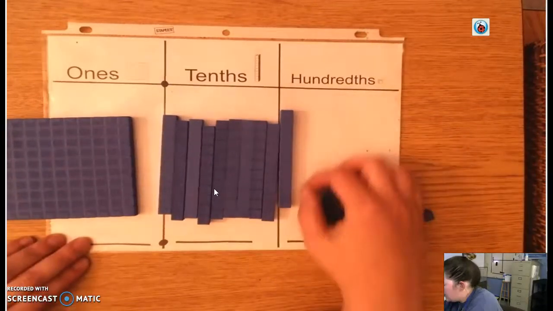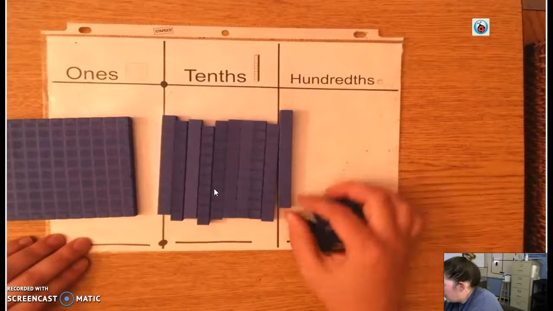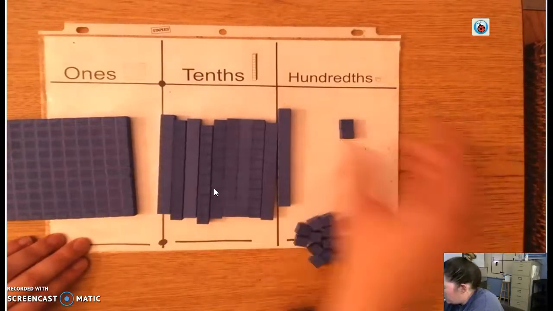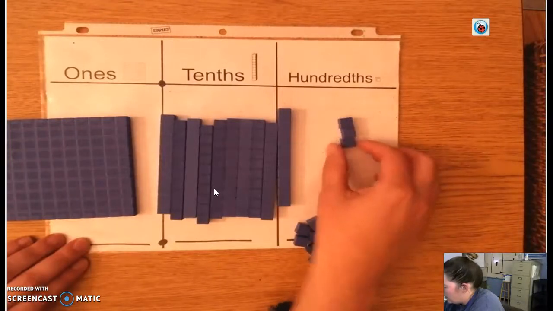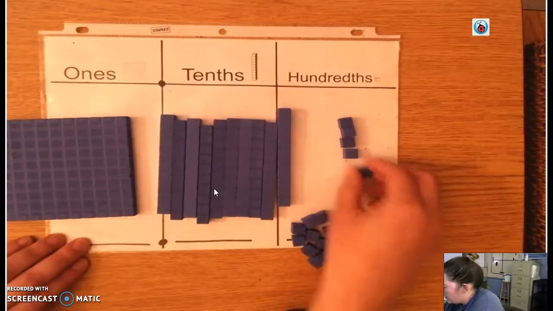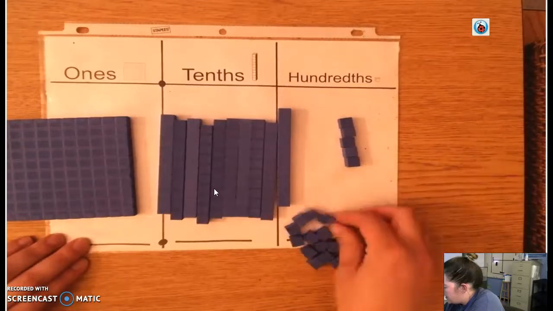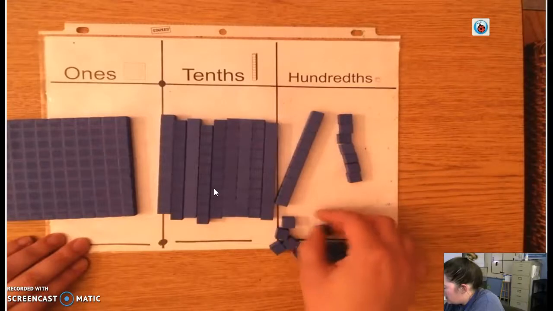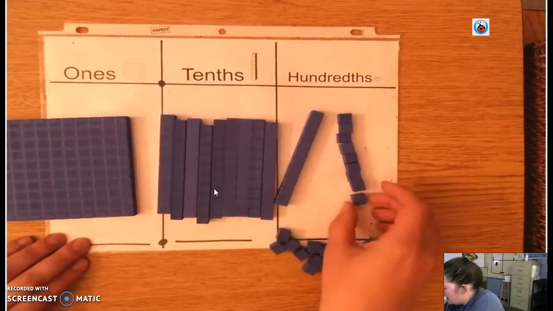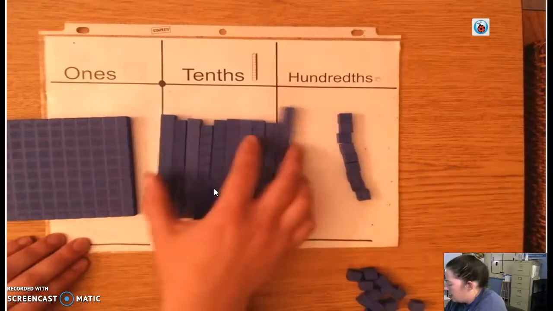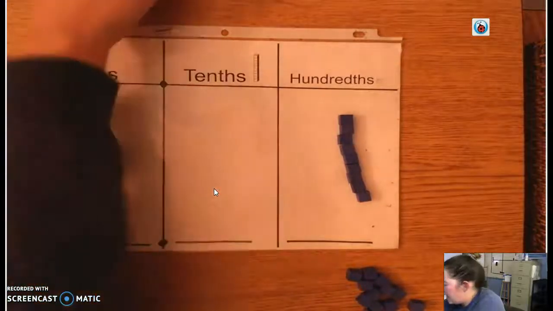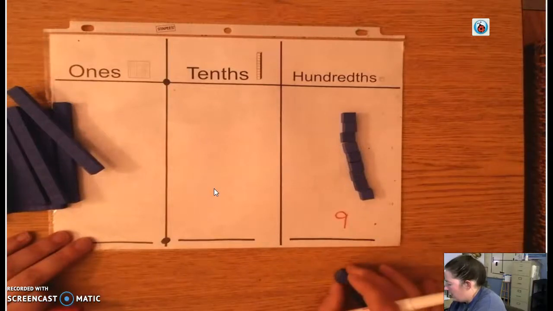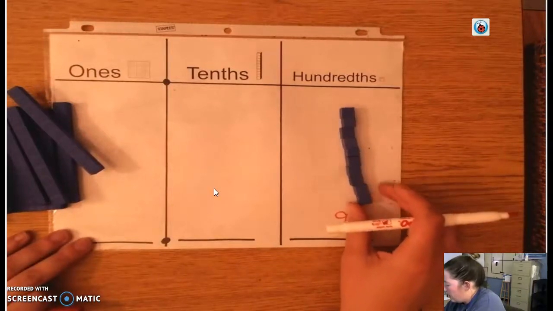Now, if I start counting here, this is 100th, 200ths, 300ths, 400ths, 500ths, 600ths, 700ths, 800ths, 900ths. I'm going to pause right there and ask, if I have 900ths, what happens when I add one more?